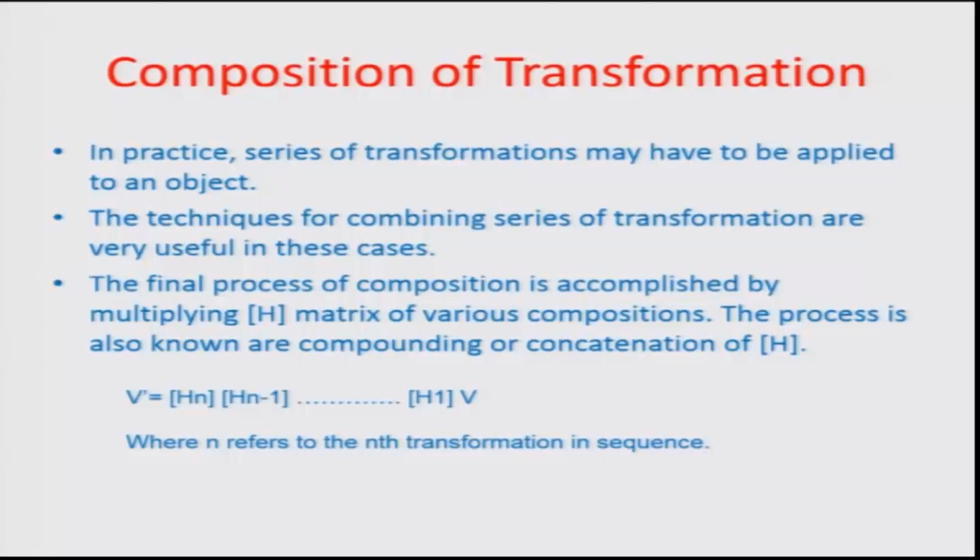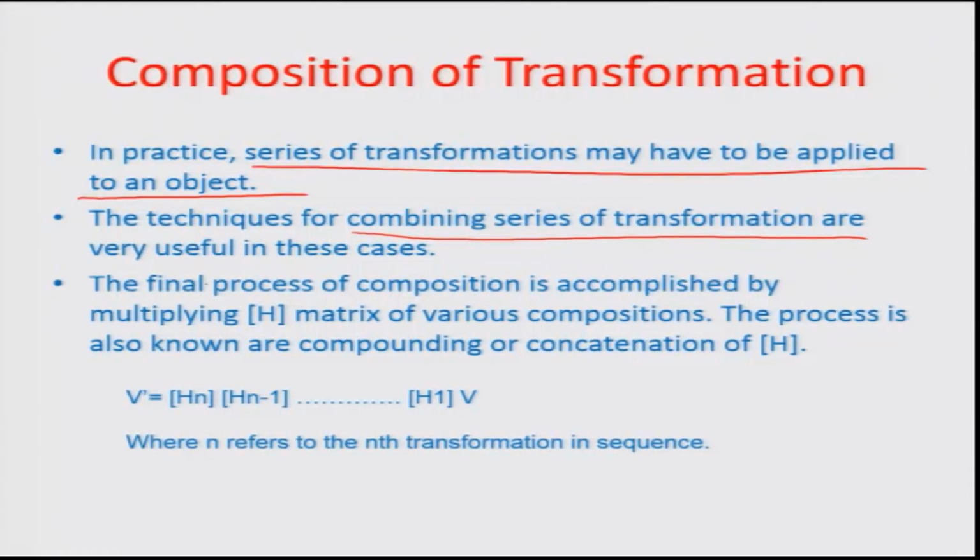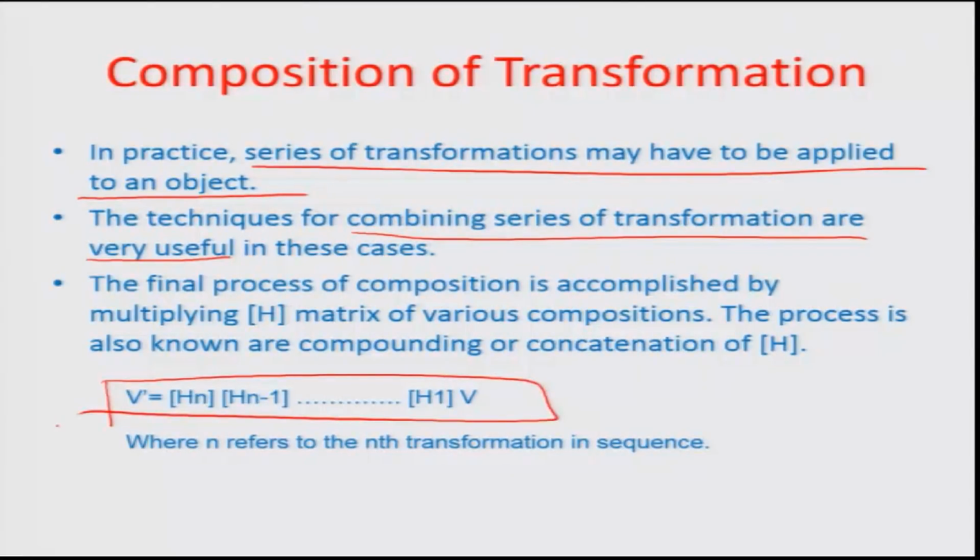So, in practice a series of transformations may have to be applied in such cases where you need to modify the object through sequential geometric operations, and the technique of combining a series of transformations is very useful because it makes computation very fast, and something like this would emerge which highlights the different transformations that are to take place to a vector v in order to give the final value v dash.